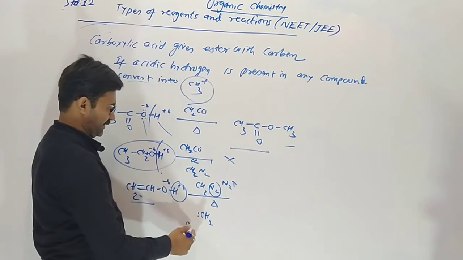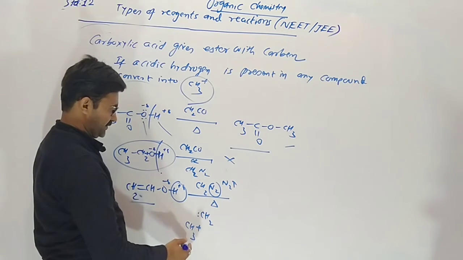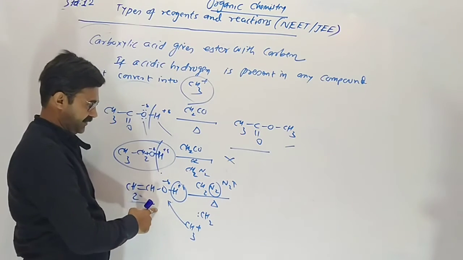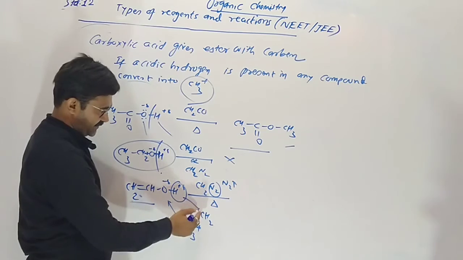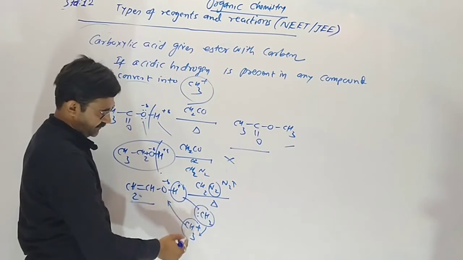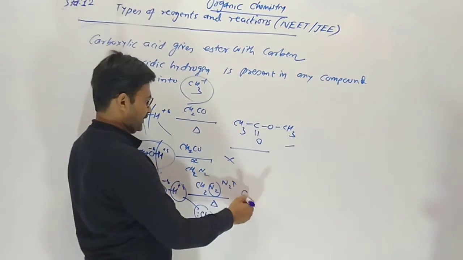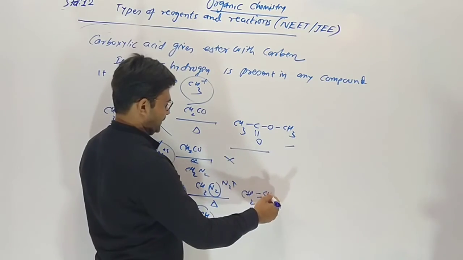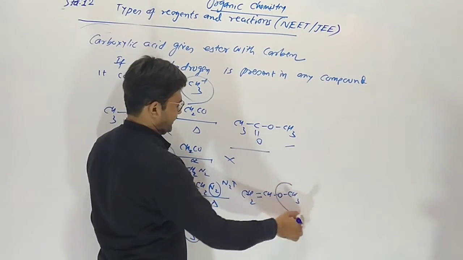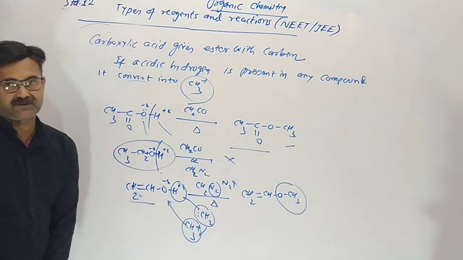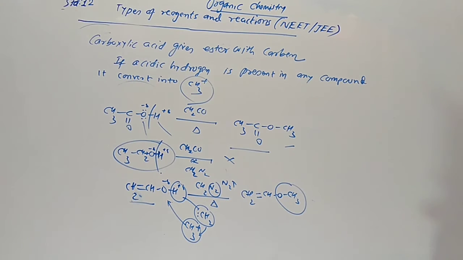Carbon combines with H plus and converts into CH3. This CH3 now combines here. So it gives methoxyethene. This type of compound occurs. The compulsory necessity is that there should be a minimum of one acidic H plus present.